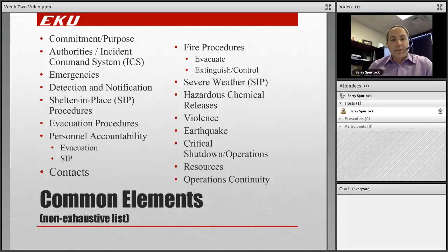It's obviously critical. Then we have very specific types of emergencies over here on the right, such as procedures for dealing with fire, severe weather, hazardous chemical releases, workplace violence, earthquakes, critical shutdown type operations, and then also resources that could be used as well as how we maintain the operations of the company.